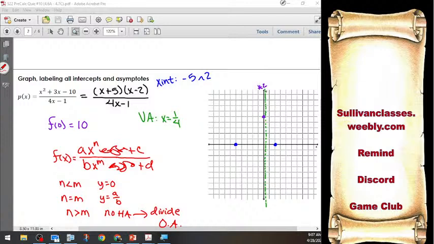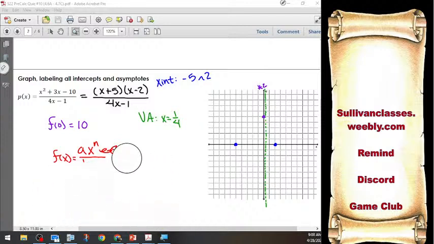And I included this particular type of problem because it also forces us to review our division. Do you want to do long division or synthetic division? Can I do synthetic? I am dividing by a linear factor, so it's okay.